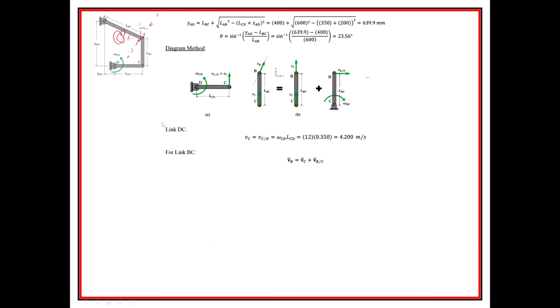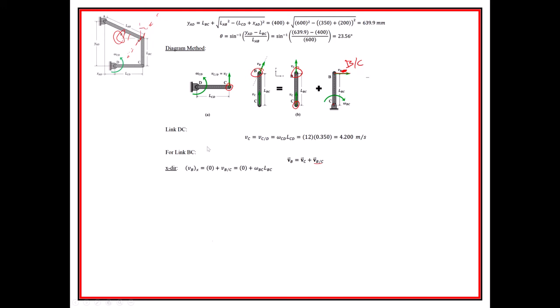And so for that link, BC, we say the velocity of B, this is the one that we don't know, is going to be equal to the velocity of C, that's the one that we know, plus the velocity of B with respect to C. And when done this way, we know that B with respect to C should be to the right.